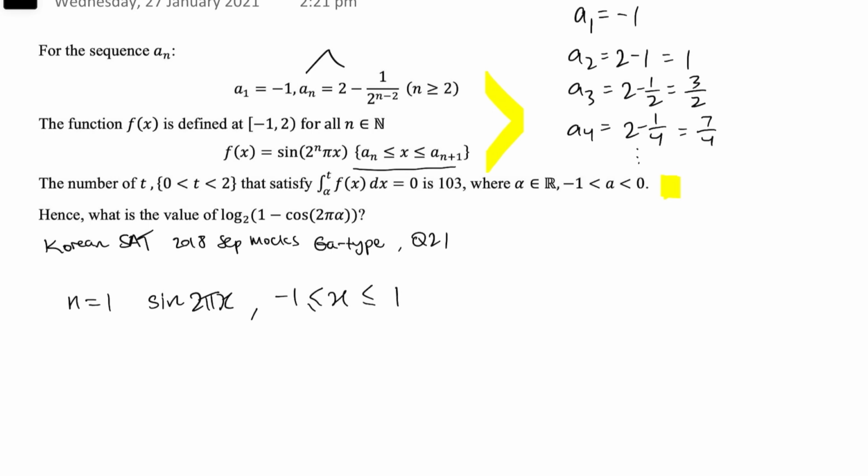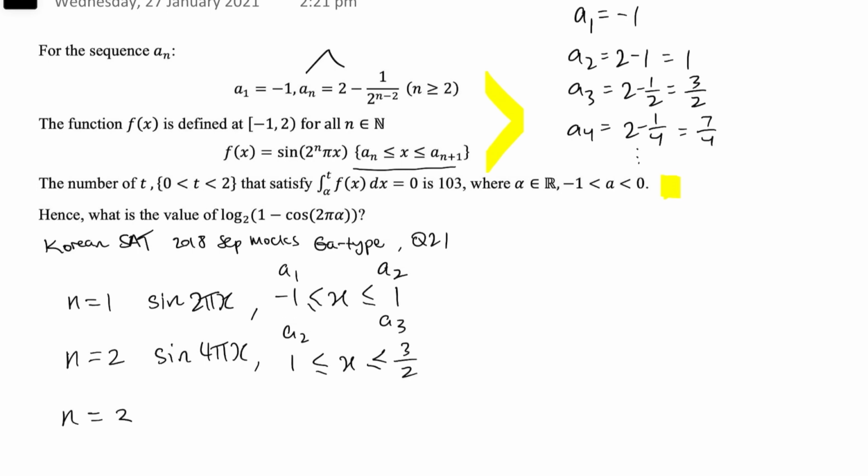So this is a of 1, a of 2. When n is equal to 2, sine 4 pi x, it's between a of 2 and a of 3. So that's just 1 and 3 on 2.